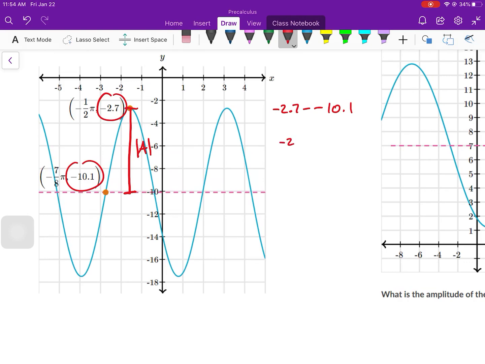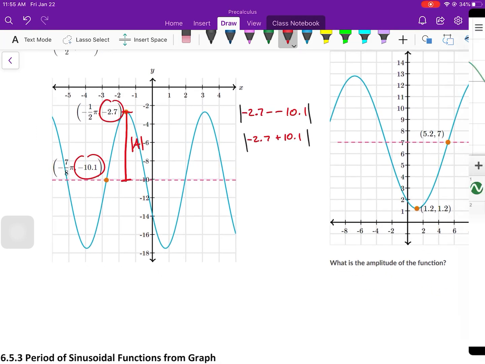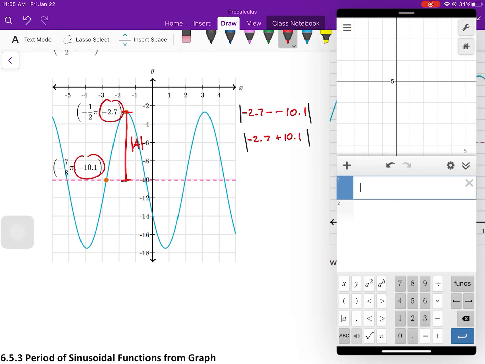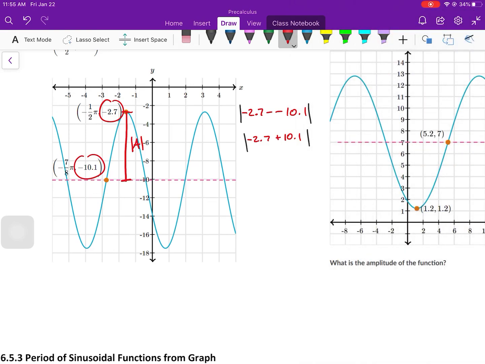So that's negative 2.7 plus 10.1. So yeah, technically I should put absolute value just in case. Should have done that in the last one as well. Just because we're finding distance, and I get 7.8.